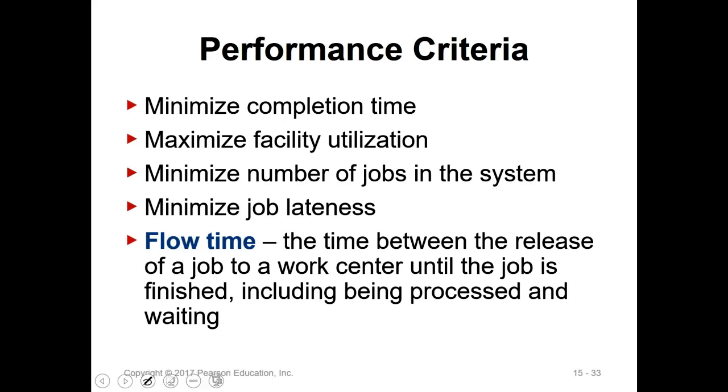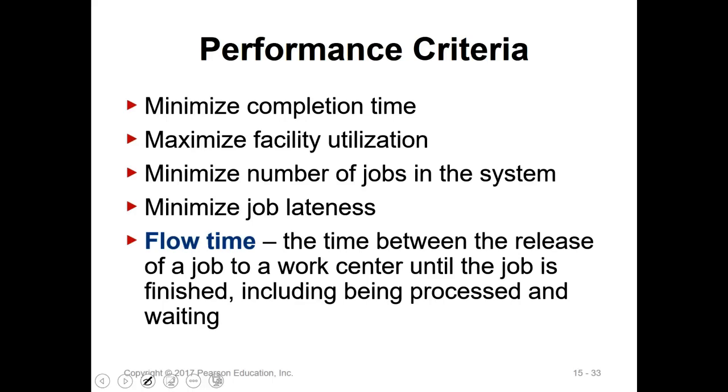Flow time is the time from the release of the job to the work center until the job is finished. So this flow time must include all of the waiting time. And using Excel, flow time can be easily calculated as the cumulative processing time.